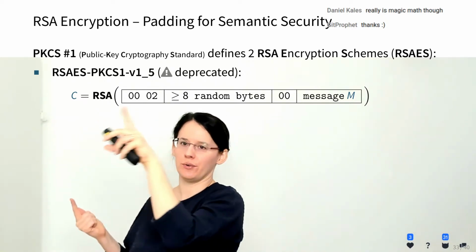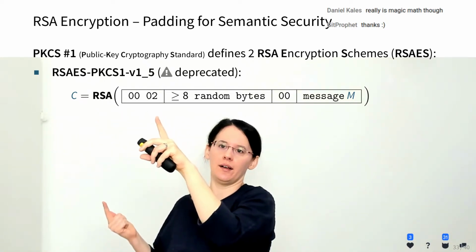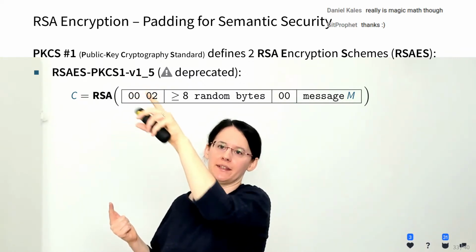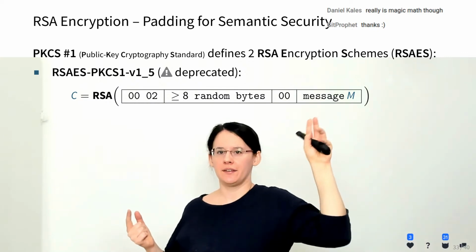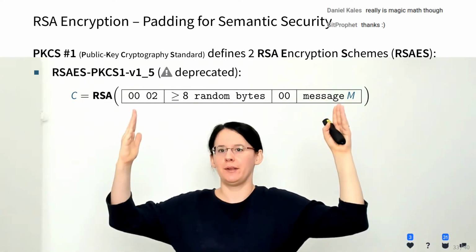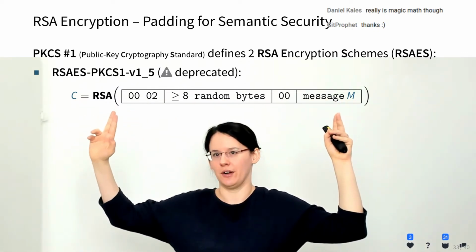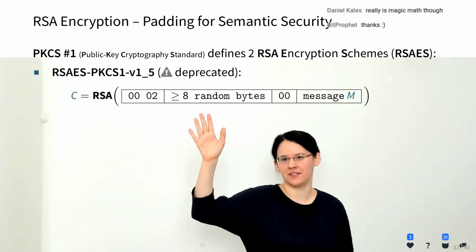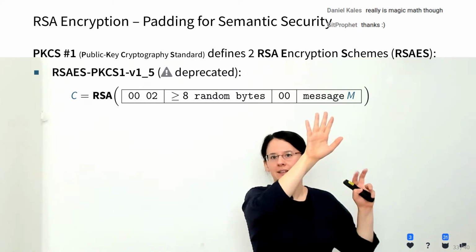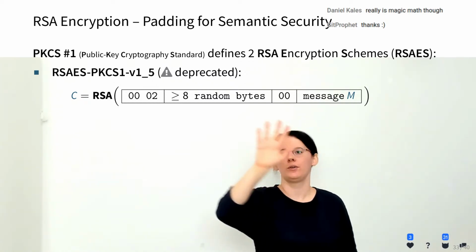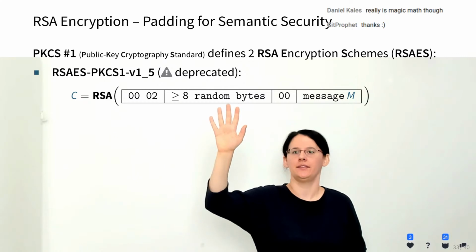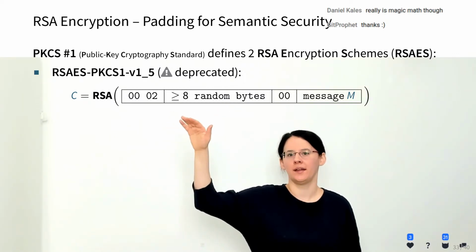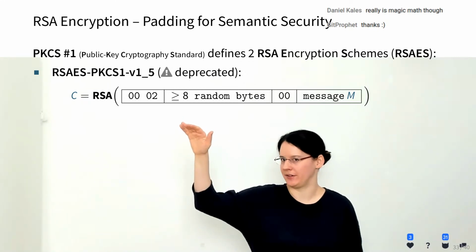Additionally, you write some numbers in front that denote that it's this padding scheme. Then you take your padded message and simply plug it into textbook RSA. The random bytes serve as randomization, so that even when you encrypt the same message twice, you will do it with different random numbers and get different results. So these random bytes play the same role as the nonce in symmetric encryption schemes.